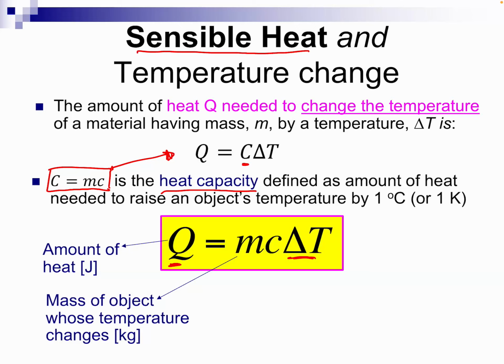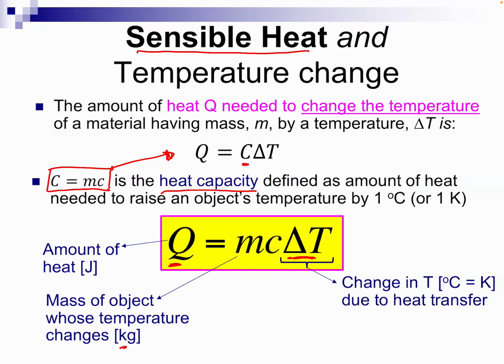If heat is transferred to some object, the temperature of that object will change, and it depends on whether you have more mass or a little bit of mass. So m is the mass of the object whose temperature will change, of course, measured in kilograms. So delta T, that's the change in temperature, how much the temperature will change as a result of heat or internal energy being transferred to that object.